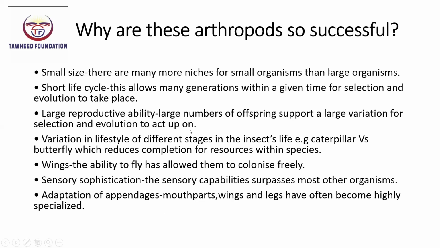Flight capability enhances dispersal and colonization. Advanced sensory systems aid survival and host detection. Specialized appendages enable adaptations for feeding, movement, and reproduction. So, these points are important for arthropods to be successful. Okay.